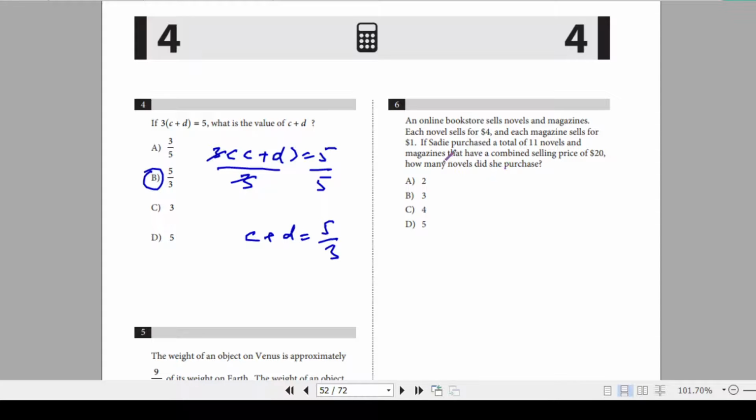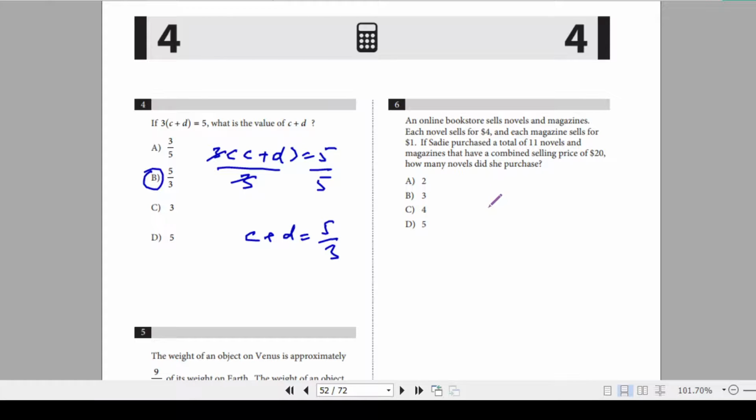Alright. Let's move to question number 6. An online bookstore sells novels and magazines. Each novel sells for $4 and each magazine sells for $1. If Sadie purchased a total of 11 novels and magazines that have a combined selling price of $20, how many novels did she purchase?